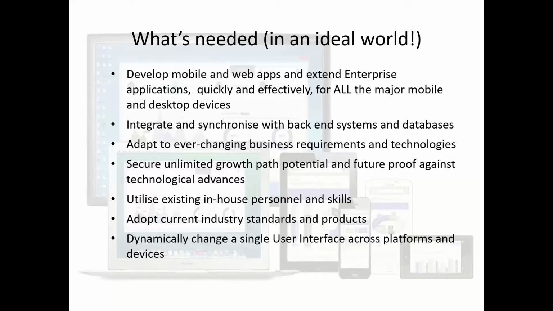But moreover, they told us that they didn't have the time to go out and find specialist skills. They didn't have the time or the money to go out and hire a whole range of new people or third parties that may not be available when their requirements evolved. And so we took these down as our boilerplate, our blueprint for Evoke.